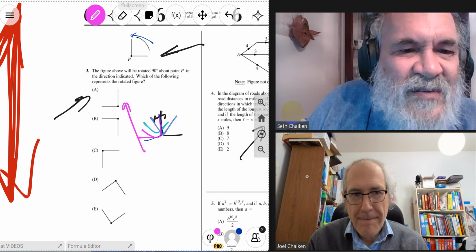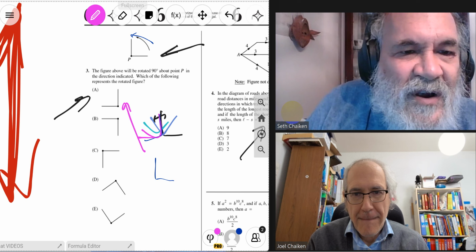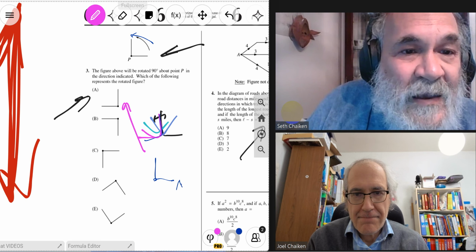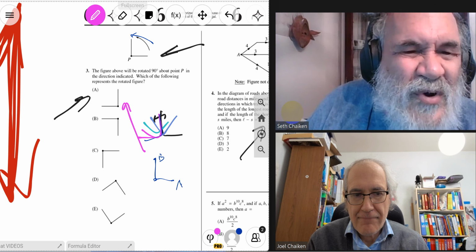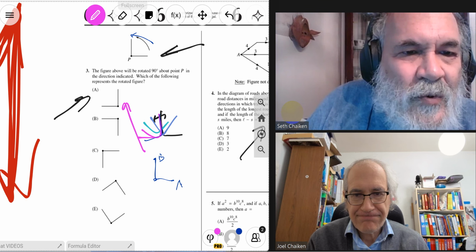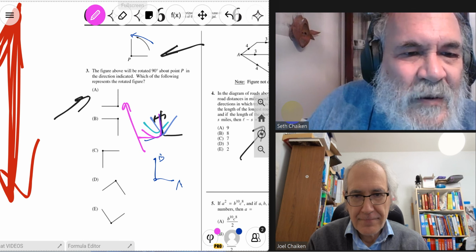Another way to see it: here's the origin. We could label the points A and B. When you rotate point A 90 degrees, it goes to here. And when you rotate B 90 degrees, it goes to here.